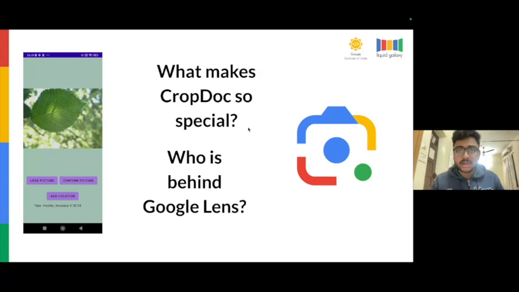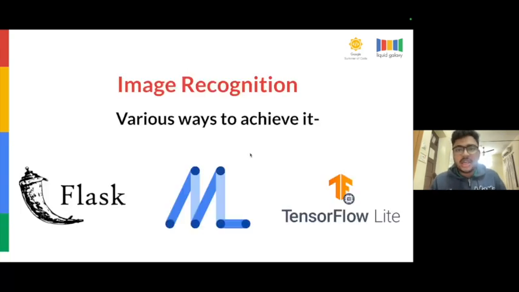This is our topic. So, what is image recognition? Image recognition is scanning or taking a photo or some image, uploading it, and there is a machine learning model behind our backend working its way to give us the output as a text label.